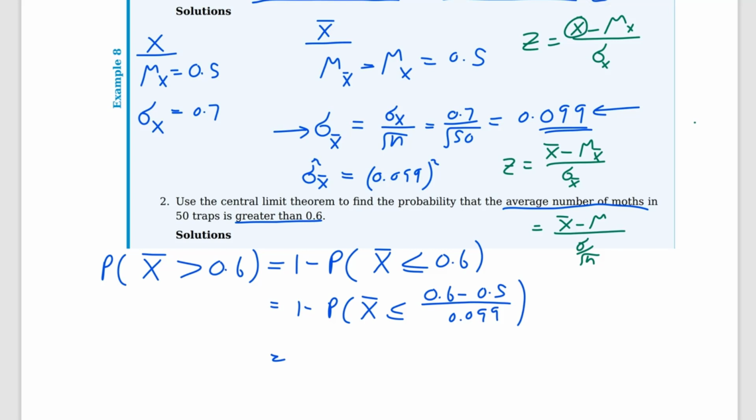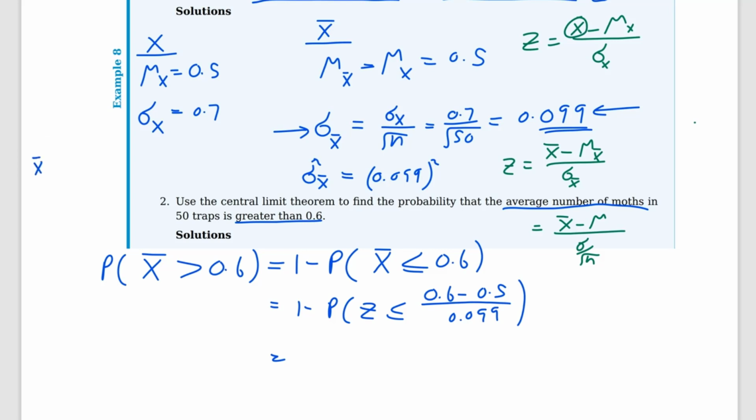Actually, when we convert to z, it is not x bar anymore. Then what is that? That is z. Understand? We convert both sides to z.